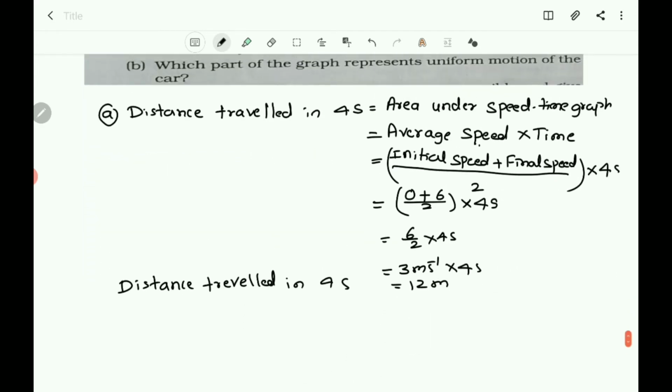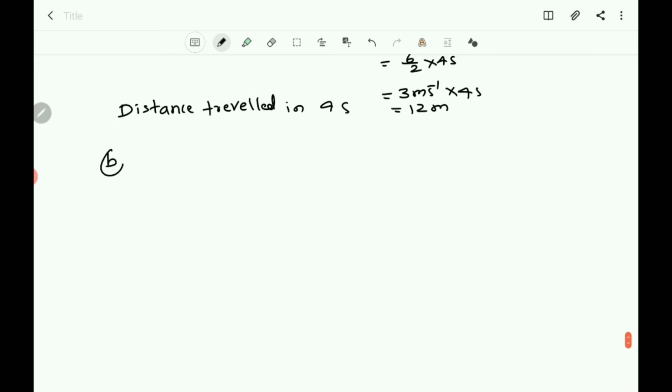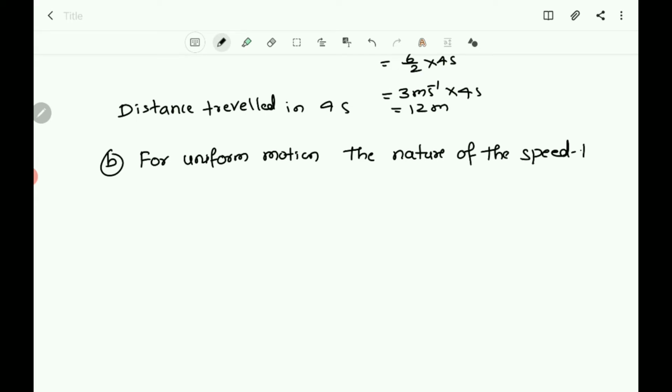So take the second question, B. For uniform motion, what is the nature of the speed-time graph? It is a straight line parallel to the time axis.